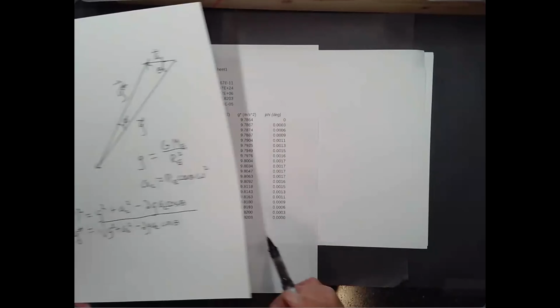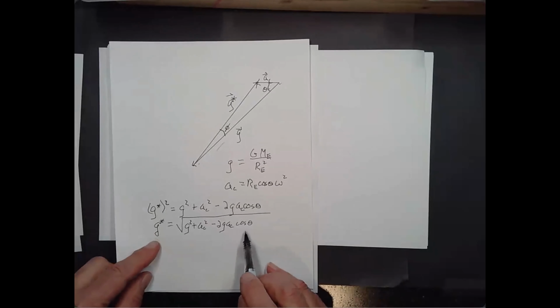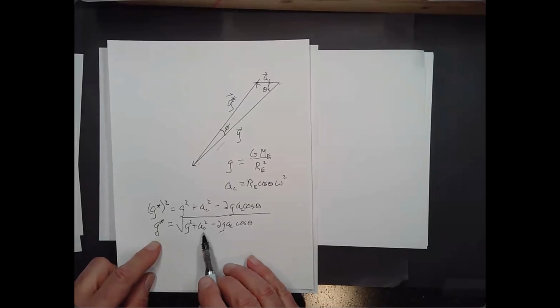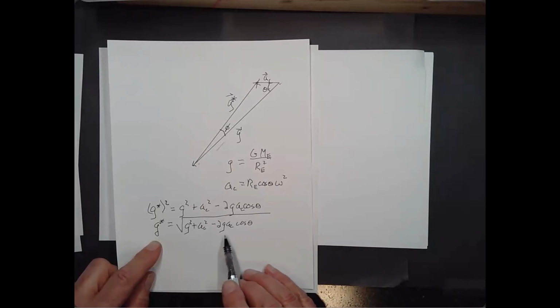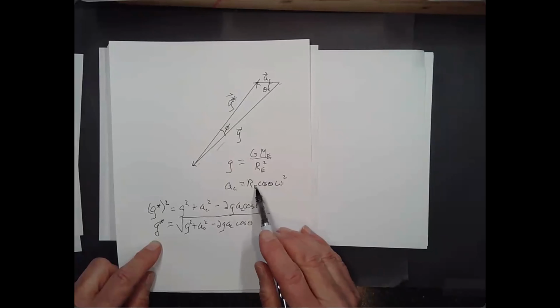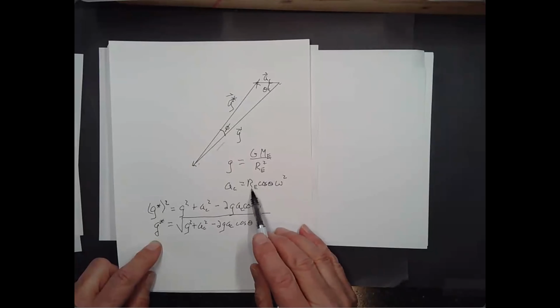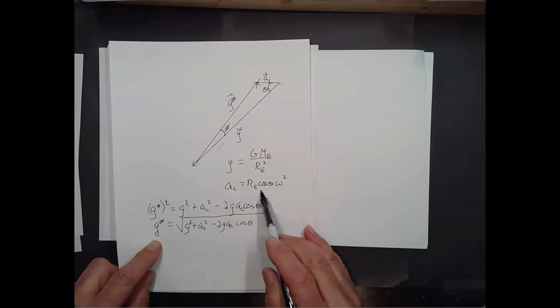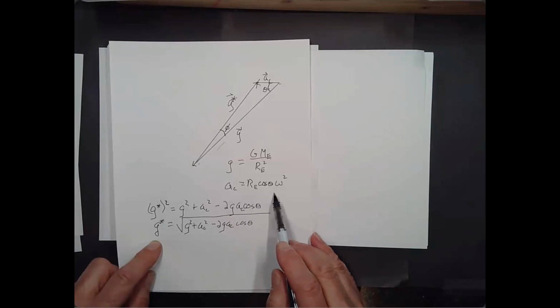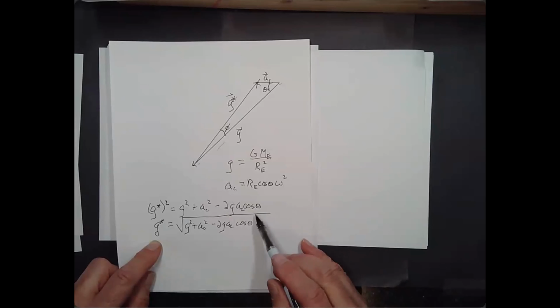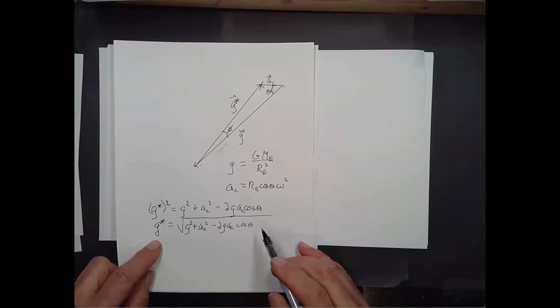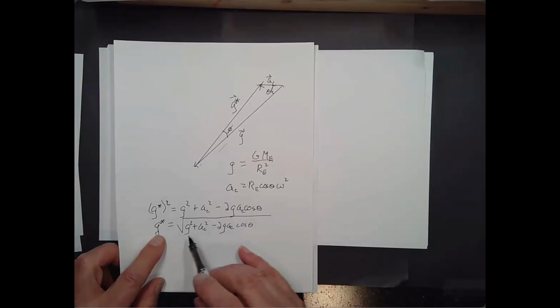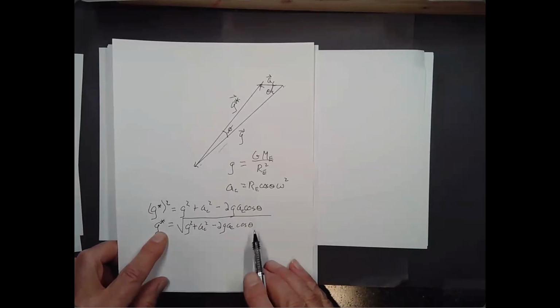And if you want to figure this out for a bunch of different latitudes, you end up with a different value for a_c at each latitude. So you have to figure that out. You have to plug in the R sub E cos theta, or figure out the radius you're traveling, and that's what you have to do when you figure out a_c, and then plug in the different values of cosine of theta. And it's a monotonous and repetitious calculation, especially when you have to stick it into here.